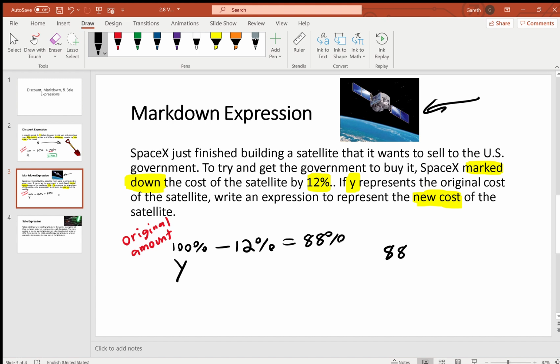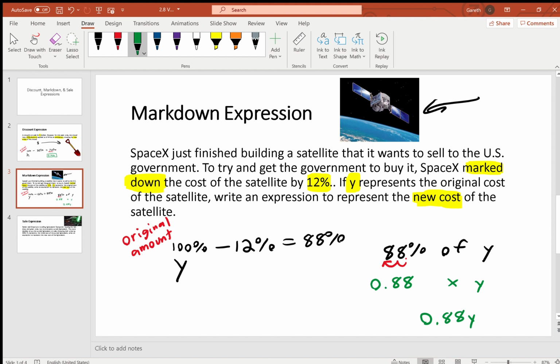So you're looking for 88% of Y. You take that invisible decimal point, you move it 2 spots to the left, and this becomes 0.88 times Y, which we just write as 0.88Y. Voila, that's it. This expression represents the new cost of the satellite.